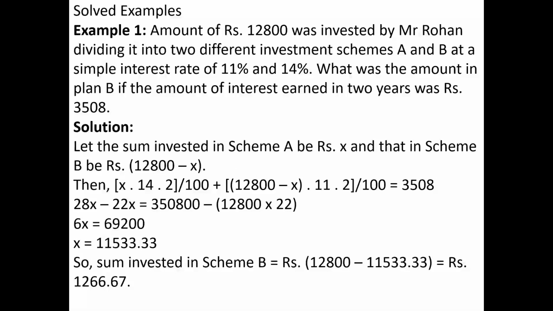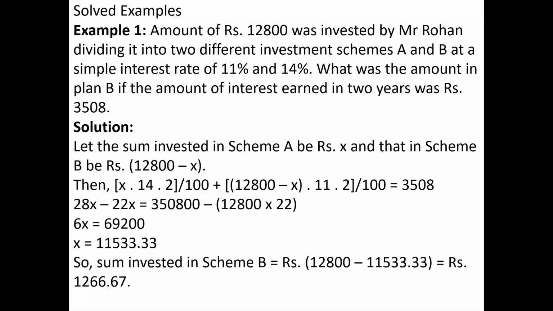First, you need to understand the question. The total amount is 12,800. That amount was invested by Mr. Rohan, that is your principal amount. And that amount is divided into two different investments.